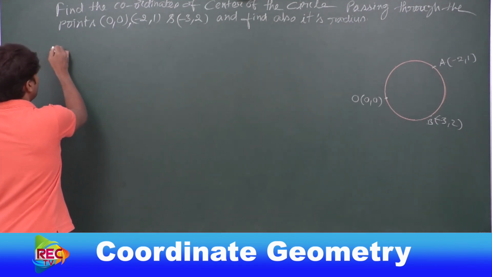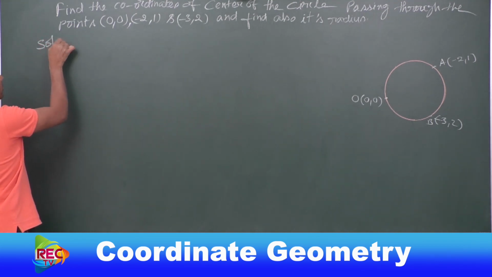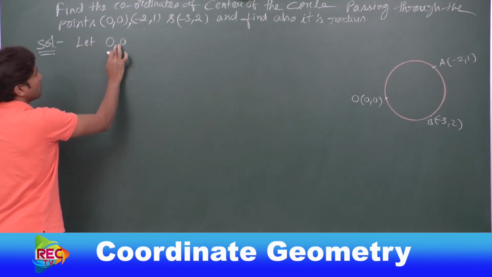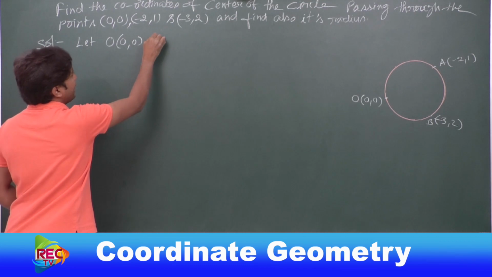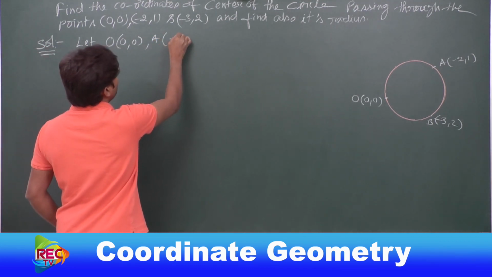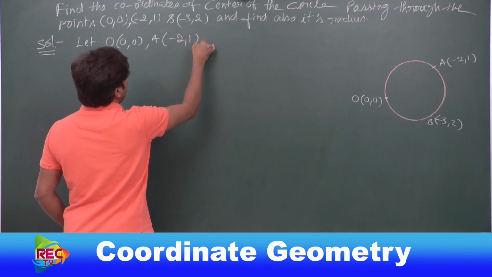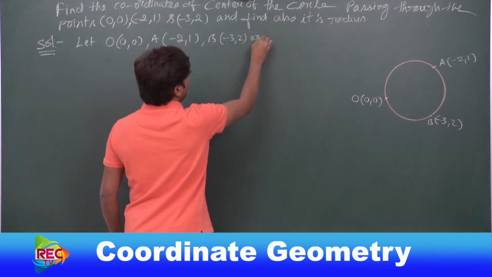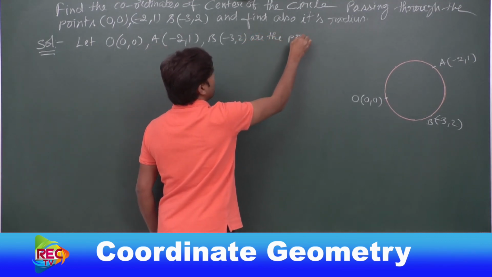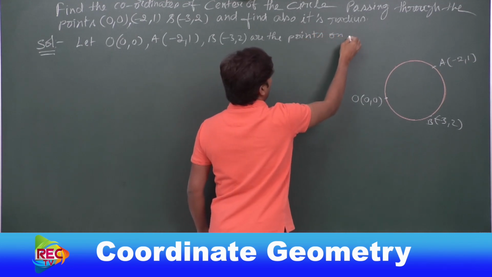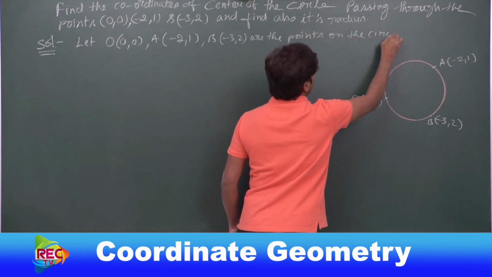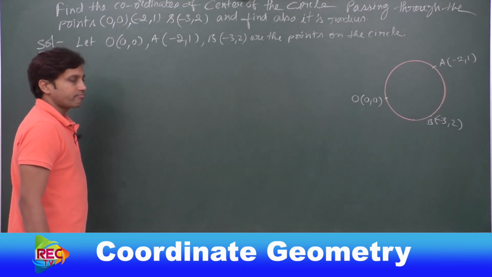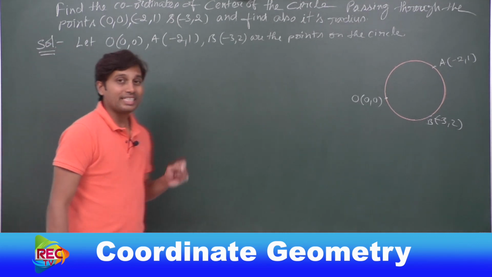So let me write it here as the solution part. Let O (0, 0), A (-2, 1) and B (-3, 2) be the points on the circle, and we are asked to find out its center.